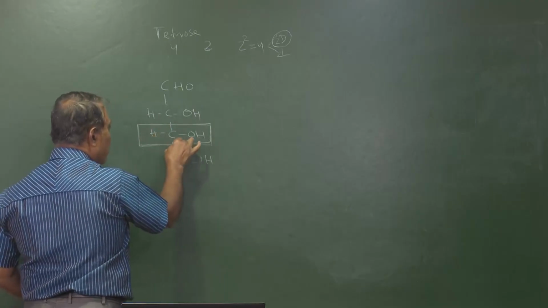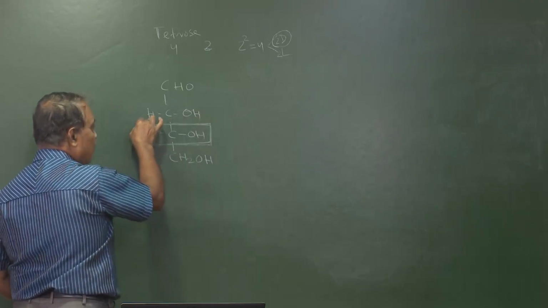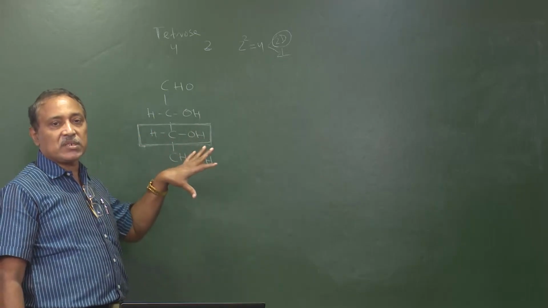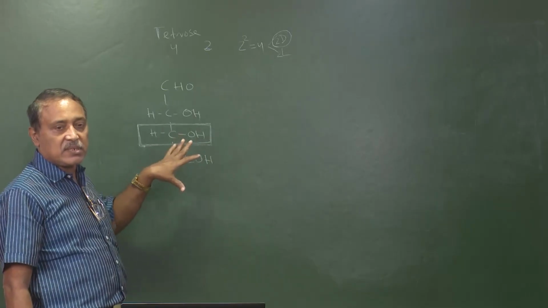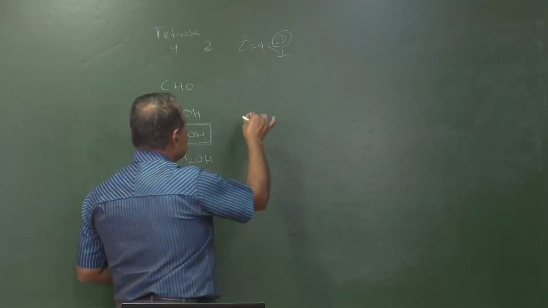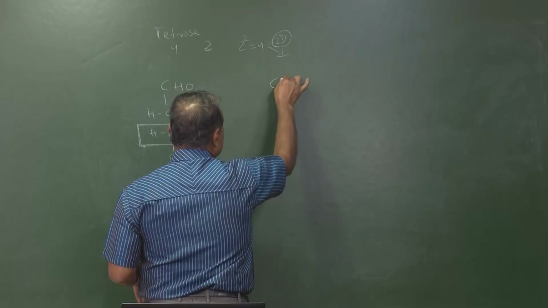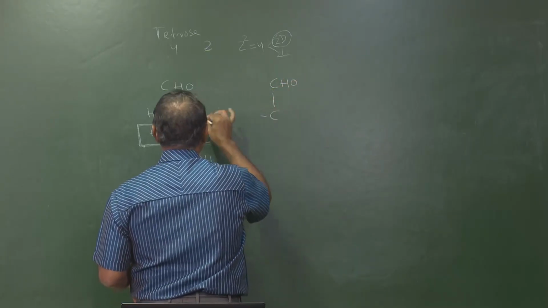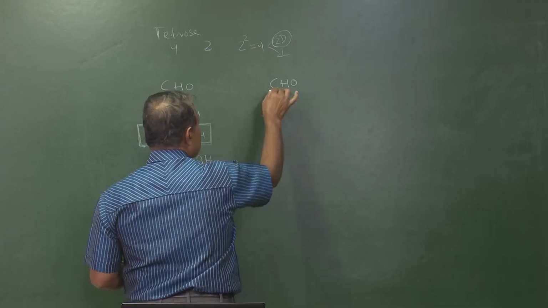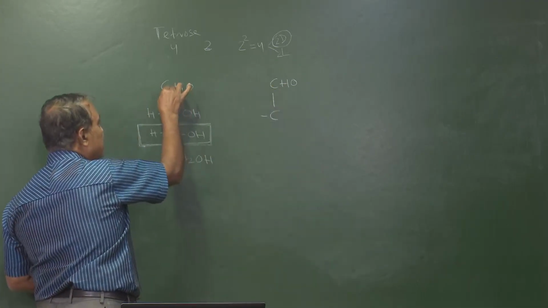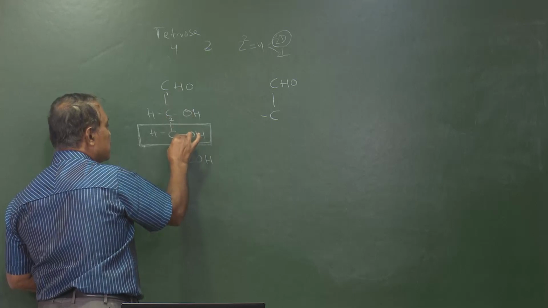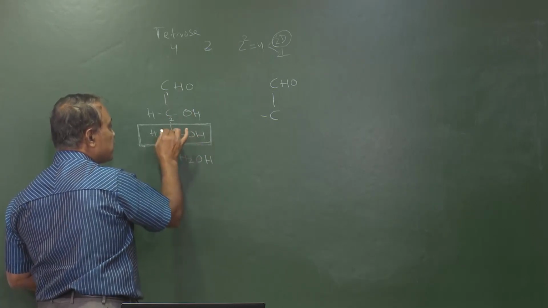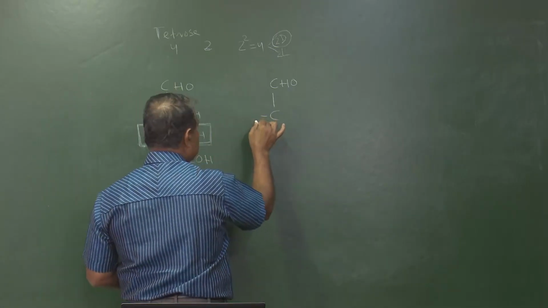We are not going to alter this configuration around this farthest asymmetric carbon atom. Another one, we simply change here in carbon atom number 2. This is your carbon atom number 1, this is 2, this is 3 and this is 4. So this third one is fixed for D here in this particular case.